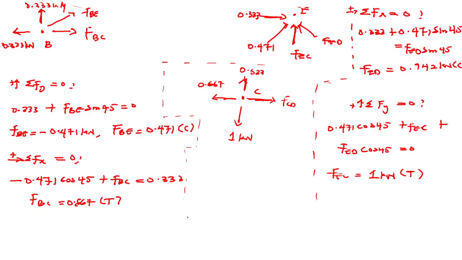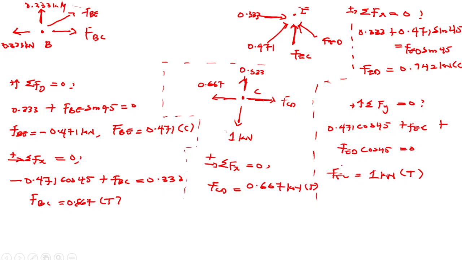So the only thing we are looking for here is FCD. So if you say summation of forces in the horizontal direction equals 0, that means we have FCD equal to 0.667 kilonewton in tension.